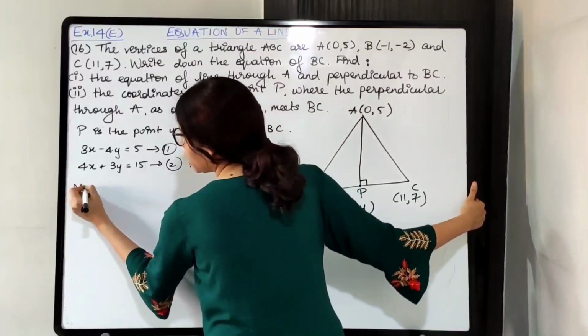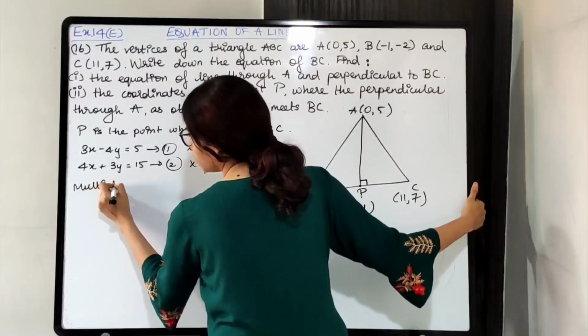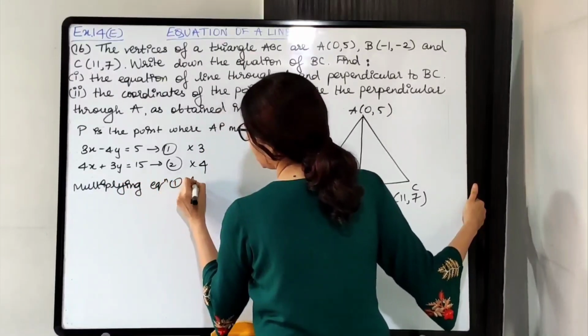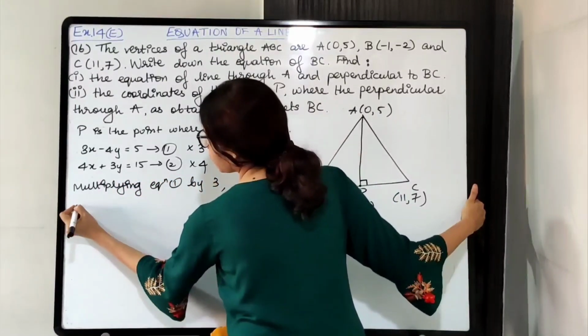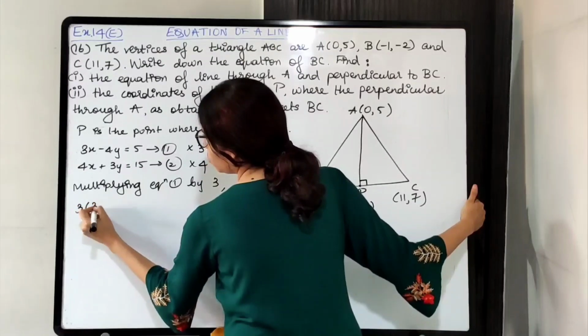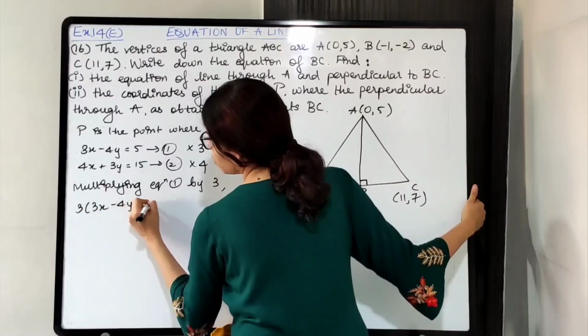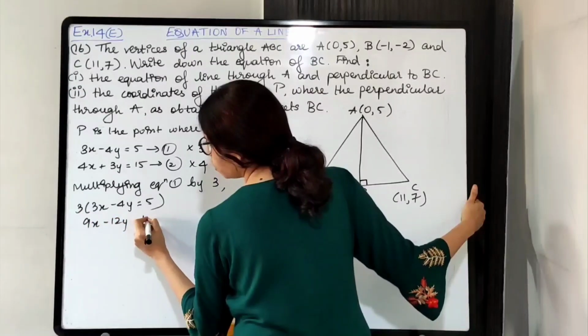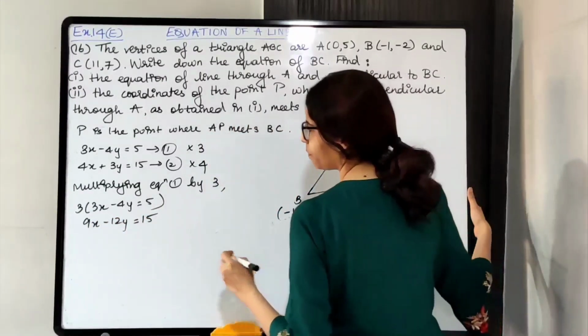So multiplying equation 1 by 3. So 3 into 3x minus 4y equals 15... that is, 3 into 3x minus 4y equals 5. That will give 9x minus 12y equals 15. Okay.